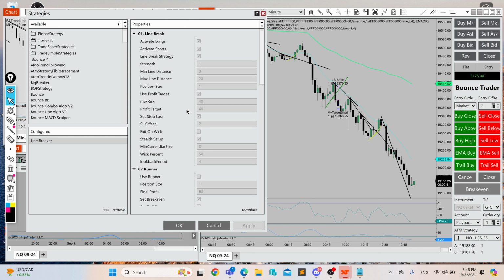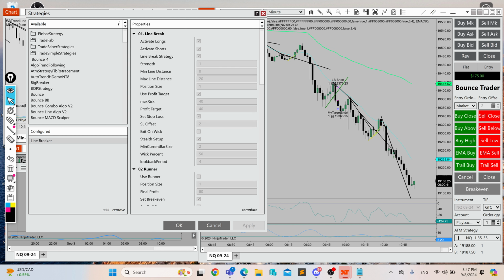I already talked about the max line distance, that's a 20-point distance from the close to the trend line, and a minimum line distance. I put 0 because I just didn't care about the minimum distance.